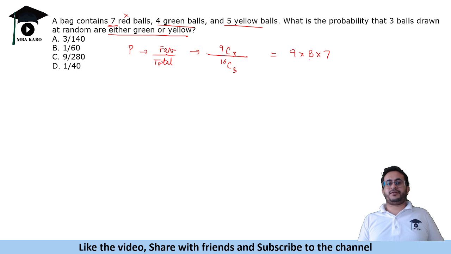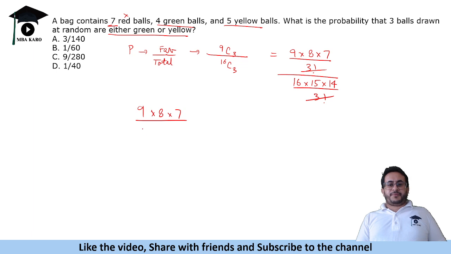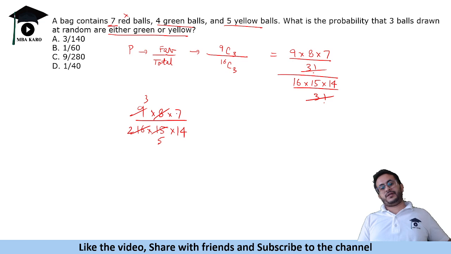So 9C3 will be 9 8 7 upon 3 factorial, and this is 16C3, 16 15 14 by 3 factorial. So since the denominator is the same, we can remove it. So it is 9 8 7 by 16 15 and 14. 8 into 2 is 16, 3 into 5, 3 and 5, and this is twice.